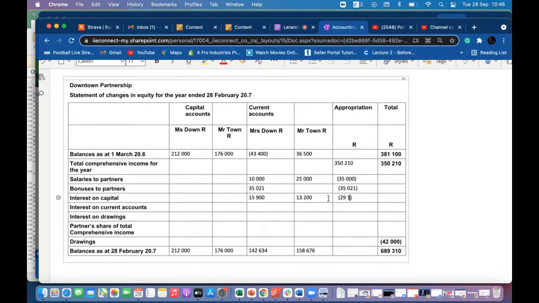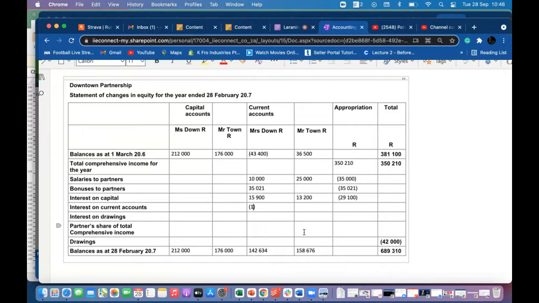Interest on current accounts. That's money that we're receiving, so it's a negative on the current account of Mrs. Down. Okay, she's paying us. So here, what do we say?